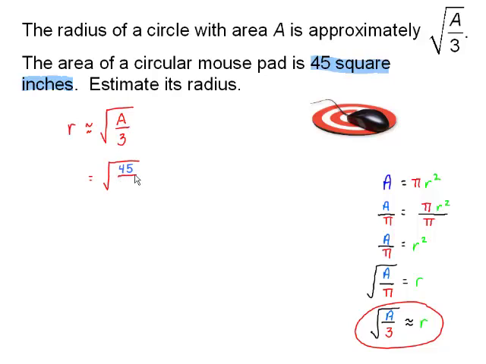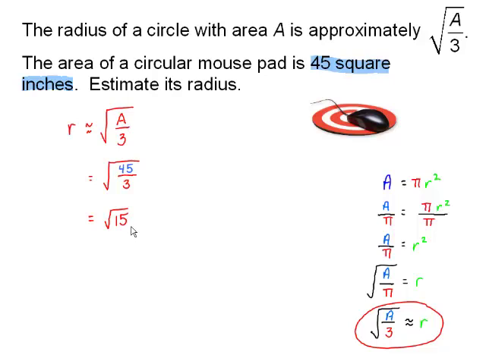So we have the square root of 45 over 3. Now let's simplify. We can divide 45 by 3. 45 divided by 3 is 15, so we have the square root of 15.